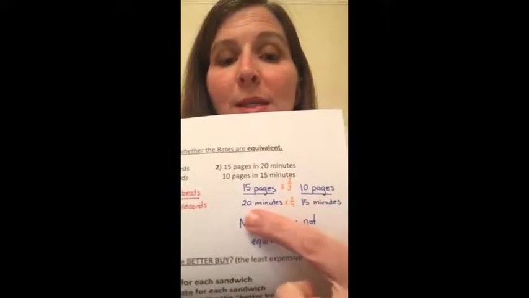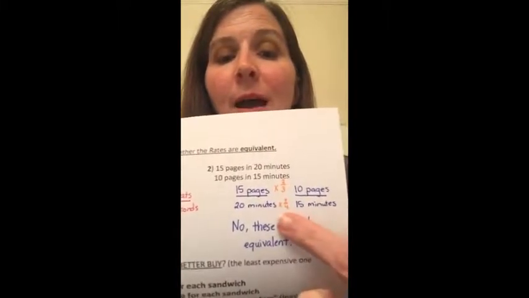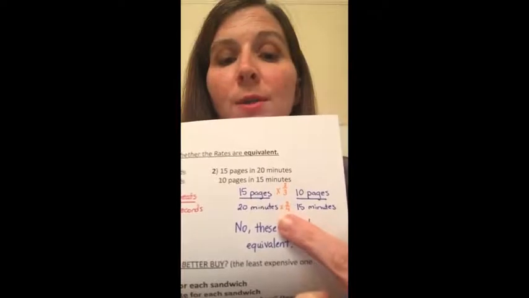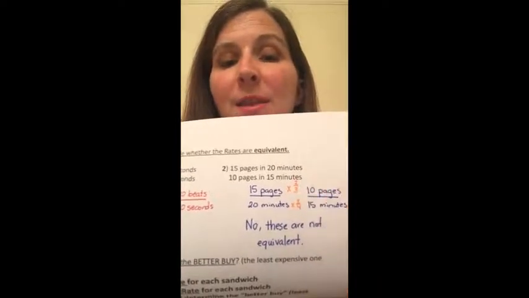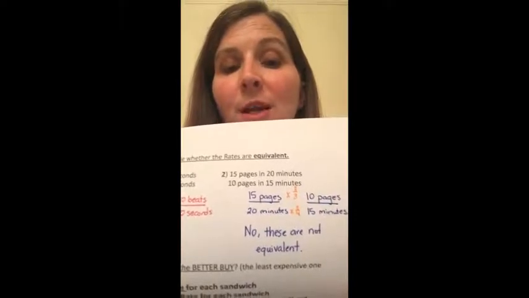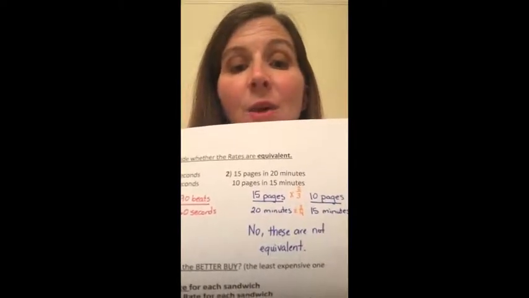To get from 20 minutes to 15 minutes, I have to multiply by 3/4. Since I'm not multiplying the numerator and the denominator by the same number or the same fraction, they are not equivalent.